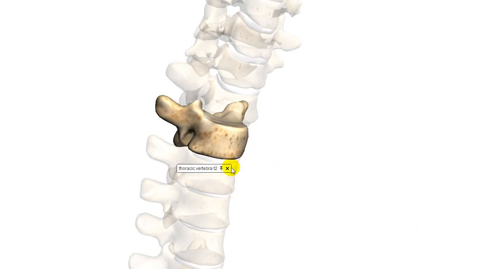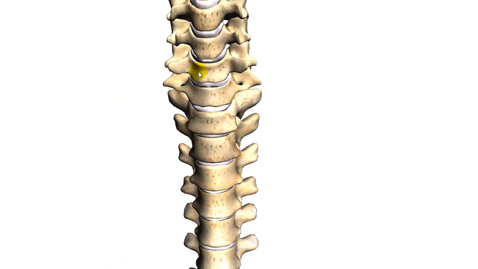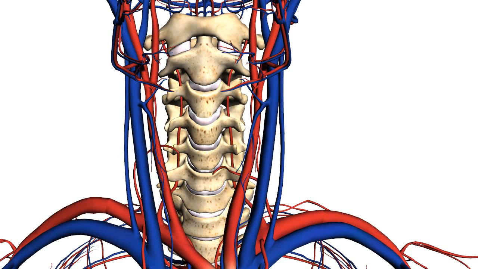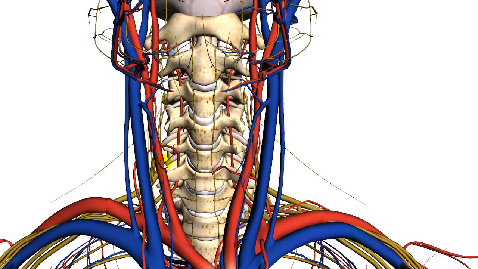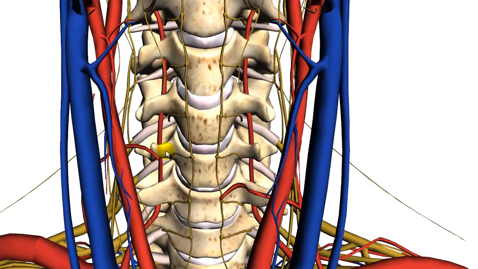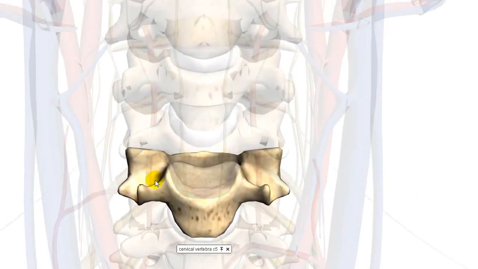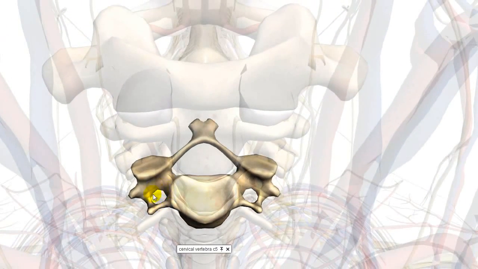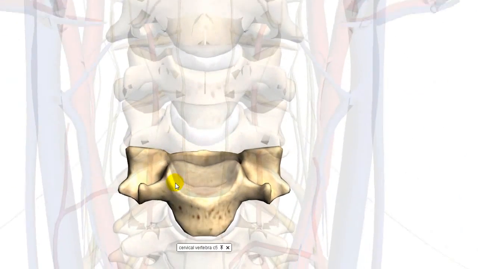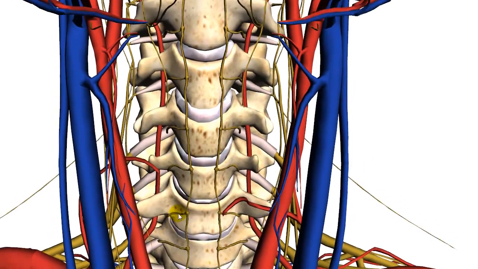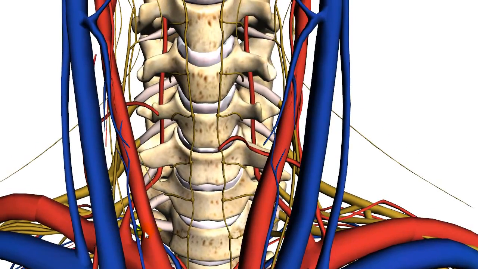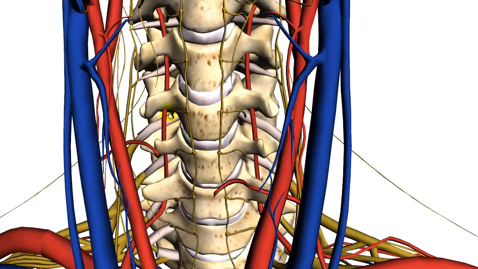So I'll quickly show you how the spinal column relates to other structures. I'll bring back some blood vessels and some nerves. So this is a cervical vertebra, and you can see that because it's got these transverse foramen, and this is where the vertebral arteries run. You can see the vertebral artery coming off the subclavian and then running up through the transverse processes.